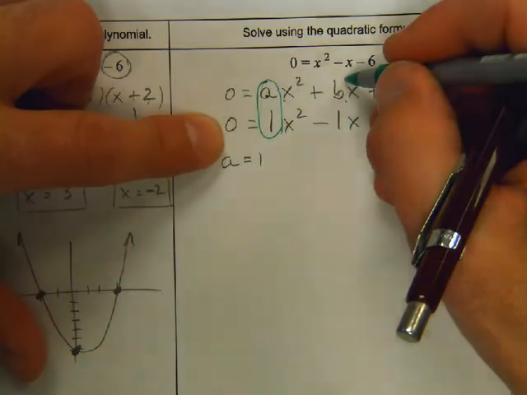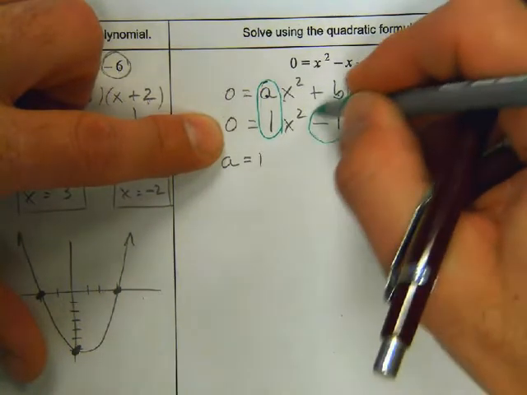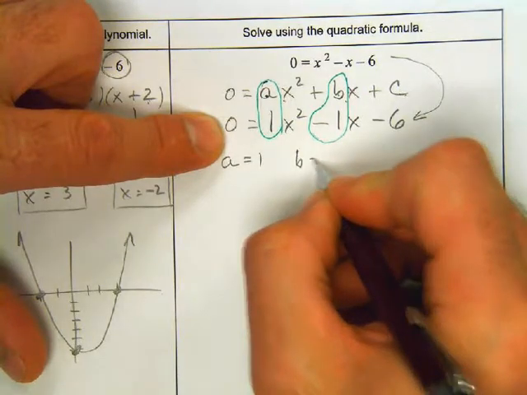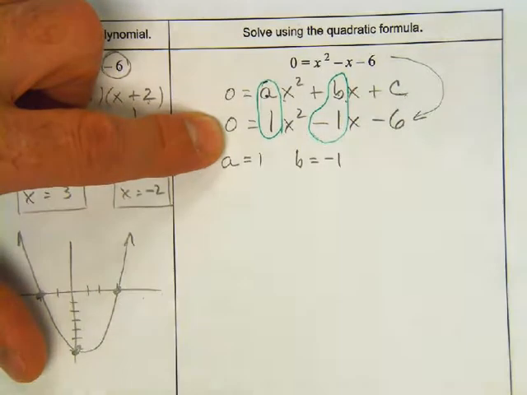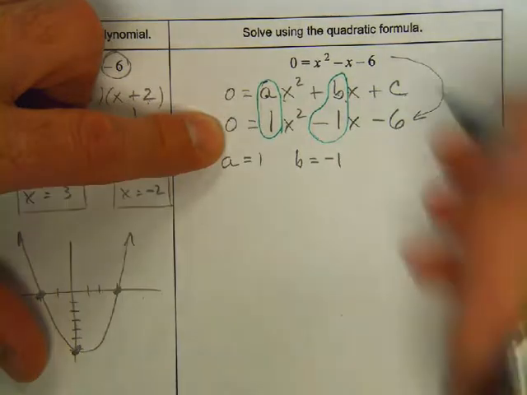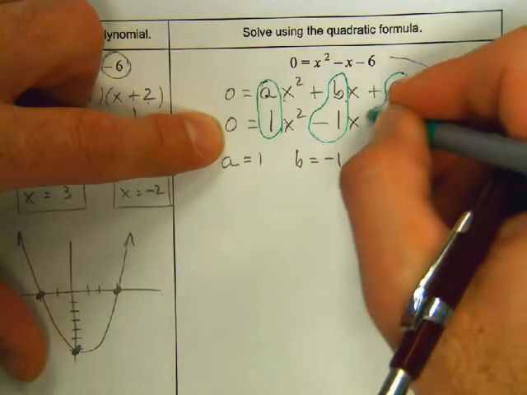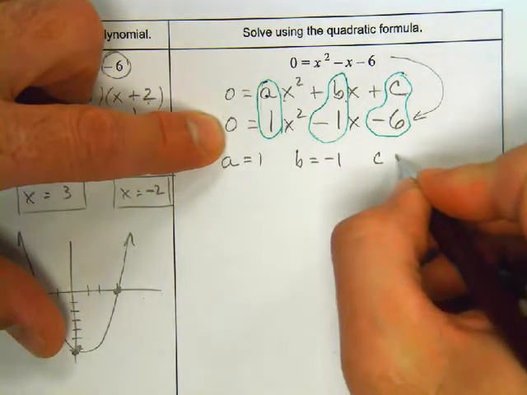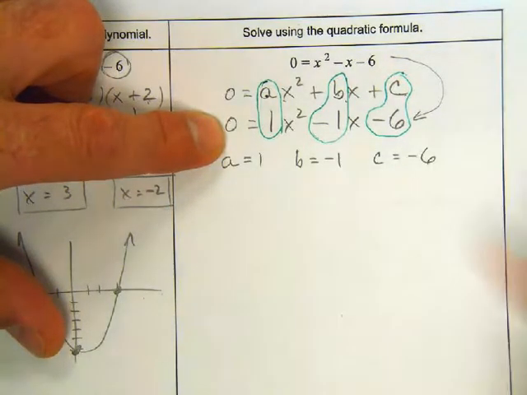The number in front of the x is negative 1, so b equals negative 1. And the constant is negative 6, so c equals negative 6.